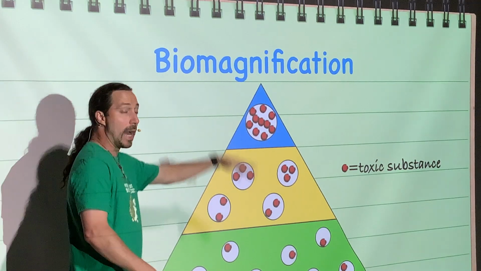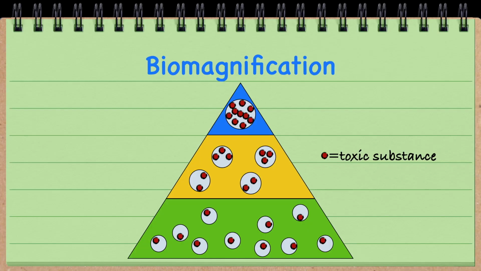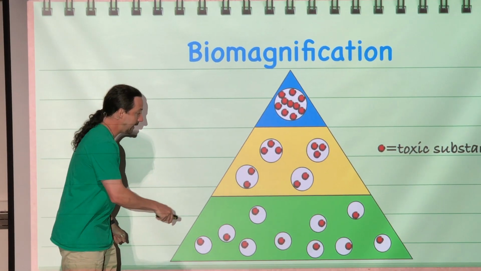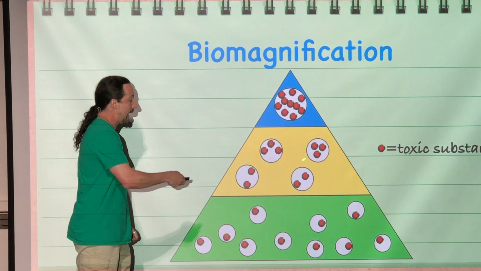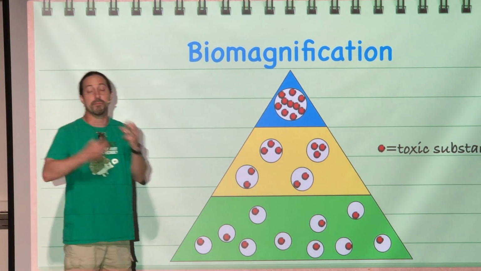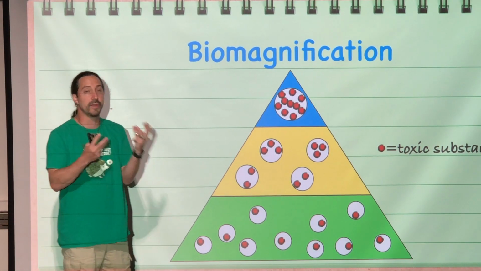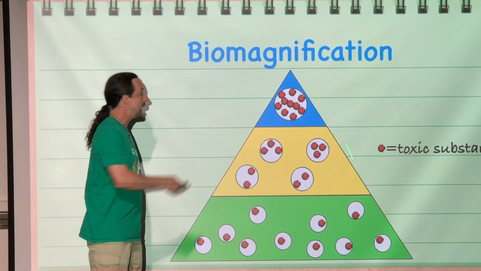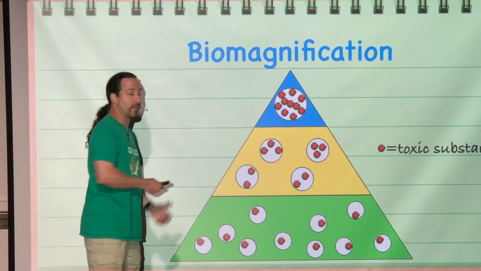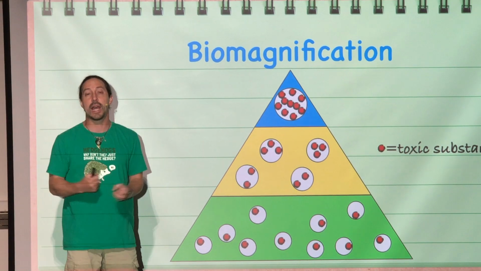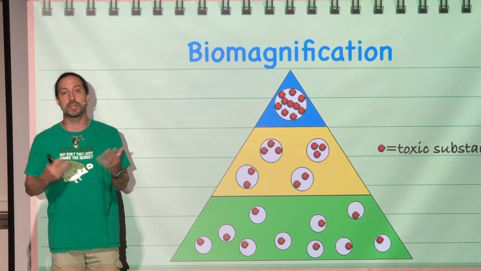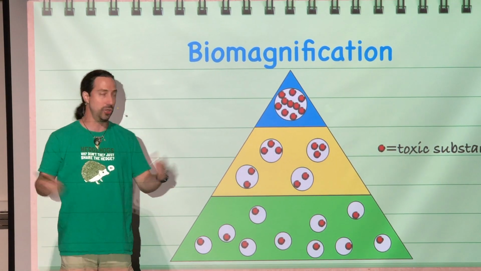It's the exact opposite idea as what we had for biomass and for available energy. We start off with only a little bit of toxin within each organism, then at the next trophic level, there is a higher concentration of that toxin within the organisms, until we get to the highest of our trophic levels. That is going to have the highest accumulation of the toxin within its tissue.